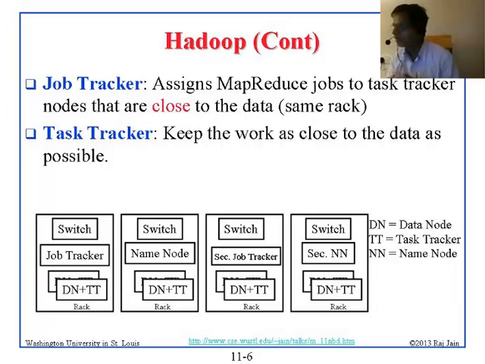So what is the data node? Yeah, a slave for the data. And so there are hundreds of those. And then task tracker is the slave for the job tracker, but it's doing the job. It's really doing the task. It's not tracking anything.